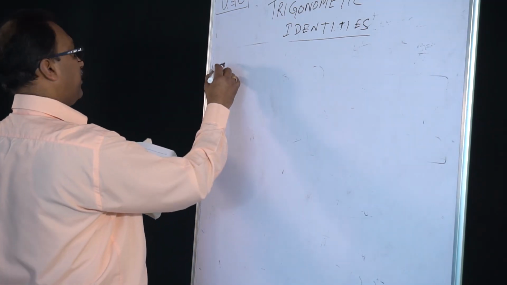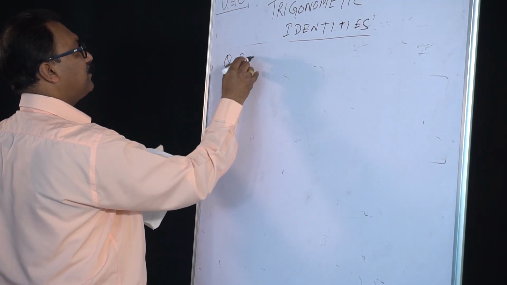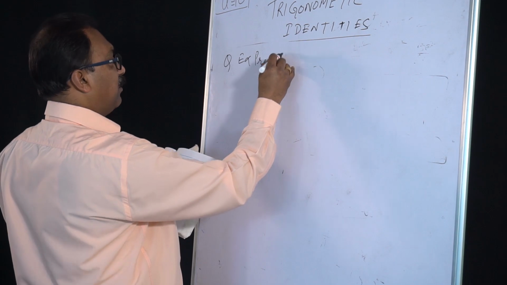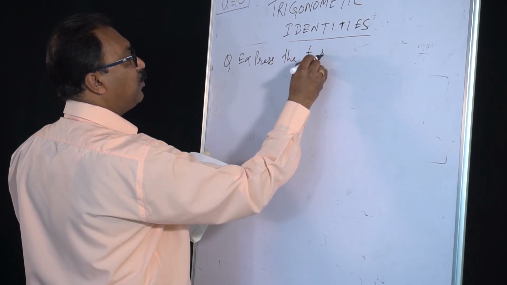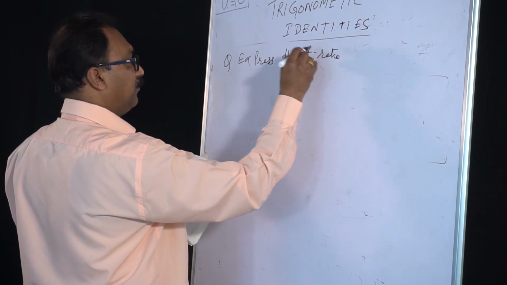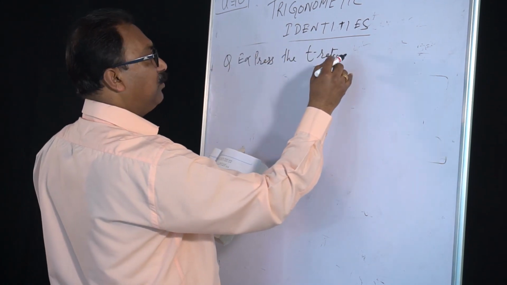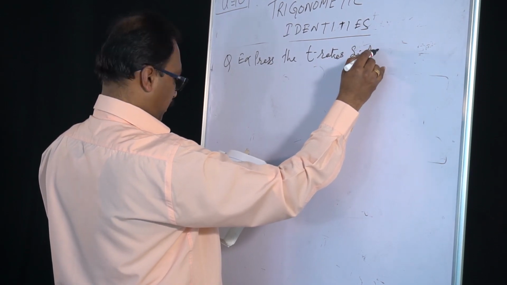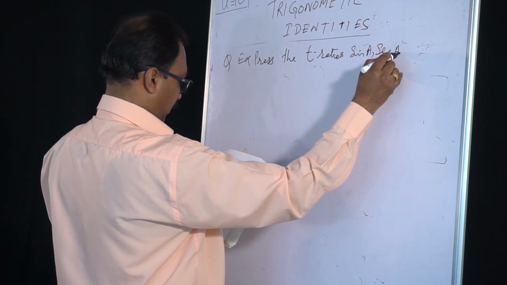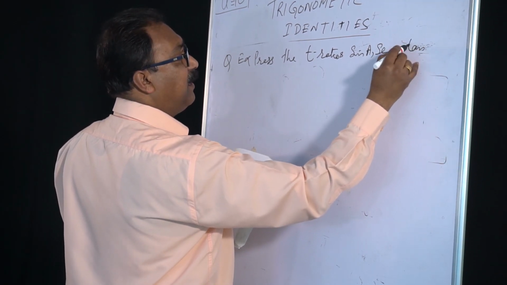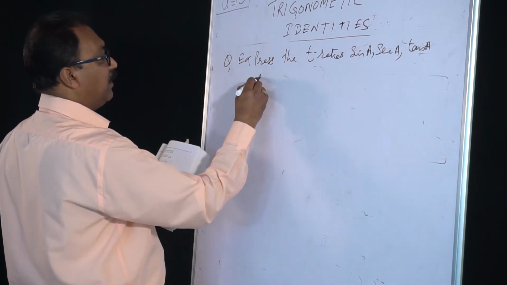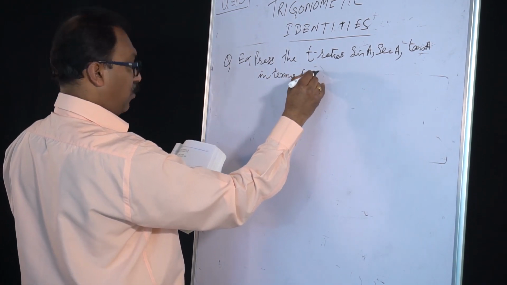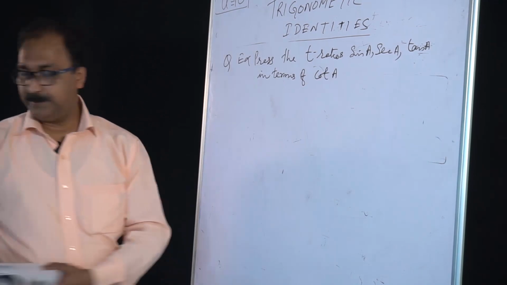Right. Question: express the T ratios sin A, sec A, tan A in terms of cot A. Clear?